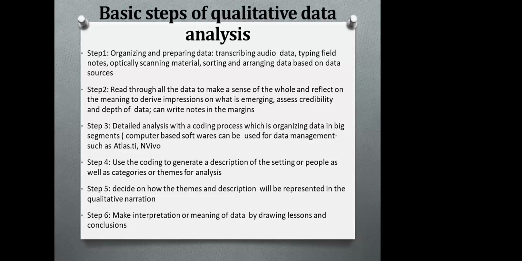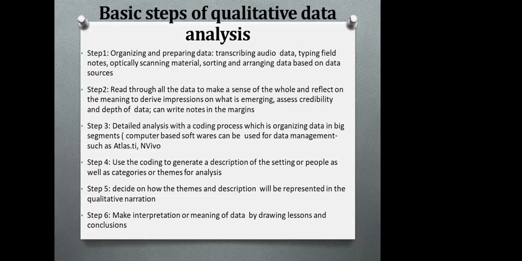Based on that process of writing notes along the margin, together as a team you're able to move on and decide how to develop a code book based on the issues that are emerging, so that we're able to analyze all the transcripts in a uniform manner. Step 3 would be a detailed analysis with the coding process, which is organizing data in big segments.